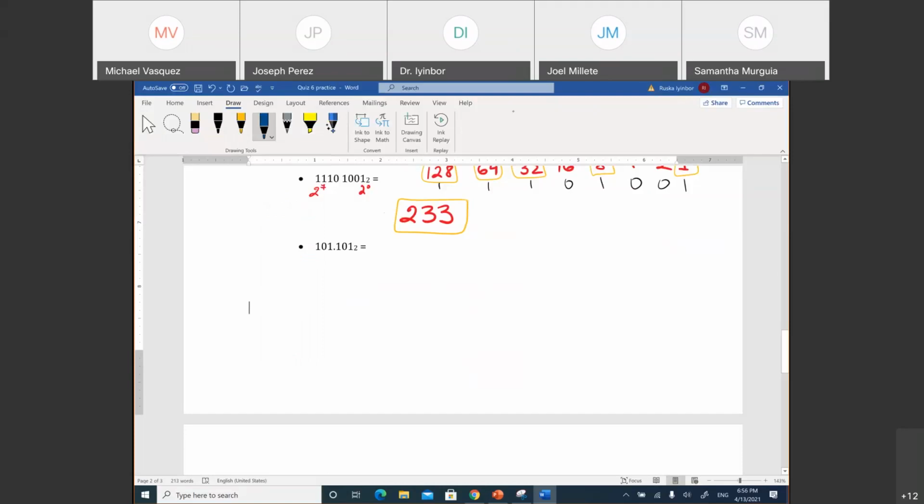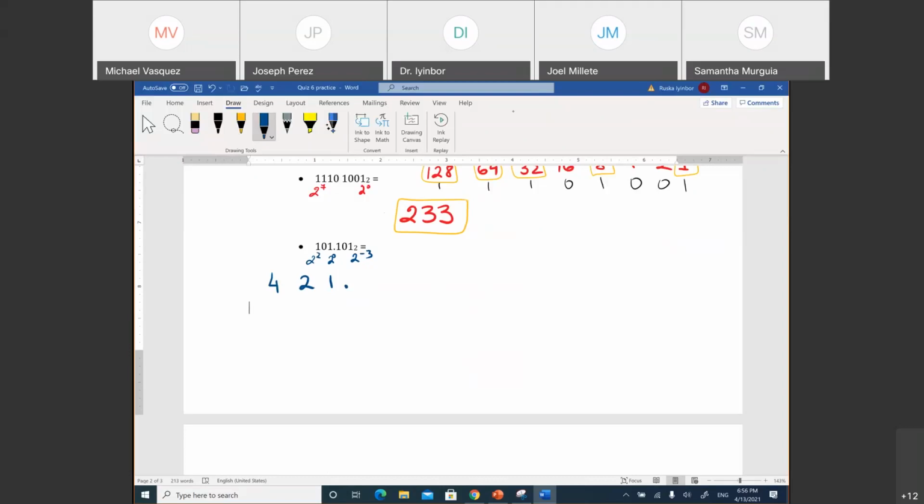So I have 2 to the 0, 2 squared, right? And then you have 2 to the negative 1, negative 2. This is 2 to the negative 3. Okay? So you start with 4, 2, 1. This is the little table you need to remember. And then you have the point. And after the decimal, the numbers go like this. It's going to be 1 divided by 2.